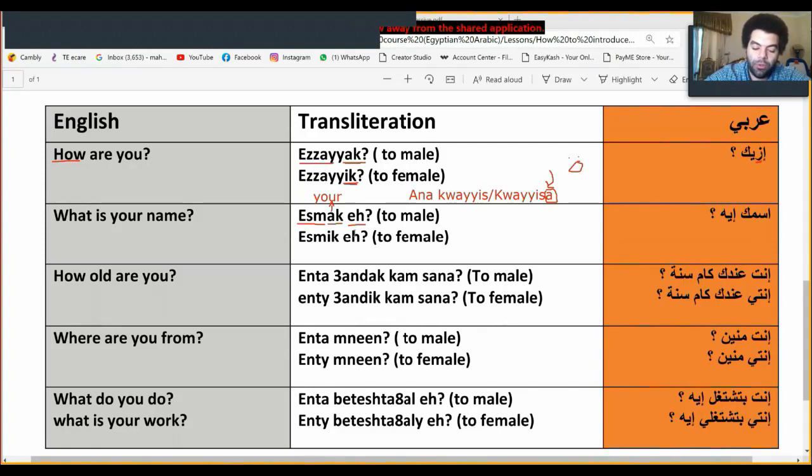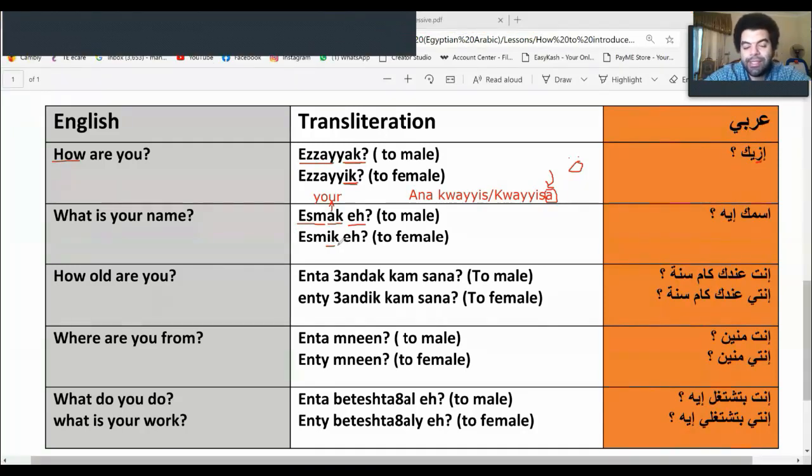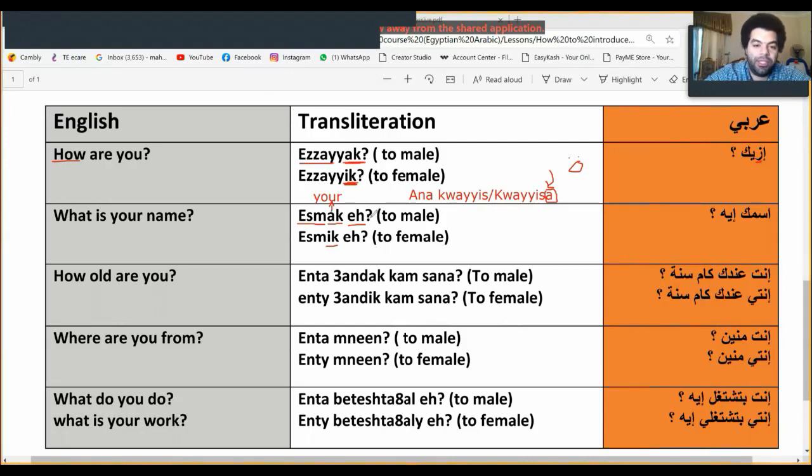And we use it at the end most of the time. So ismak e, speaking to a male, and to a female, as you see, ismik e. So it's the same pattern, just like ek and ik, when we said ازيك and ازيك. But here, ismik e. And then the answer to that, you already know. You say ana ismi, and then you say your name, or you can simply just say your name. But for the sake of learning, try to use full sentences.